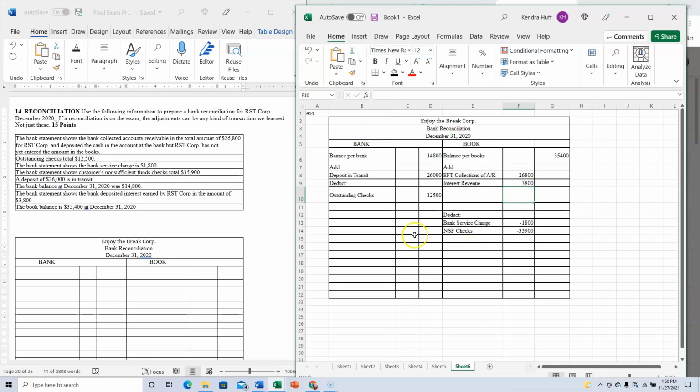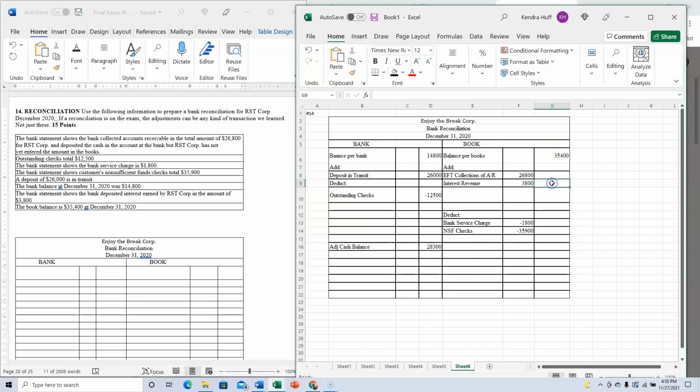All right, so we have them all. So let's do this. This is going to be just really the sum of these, and that's my adjusted cash balance.